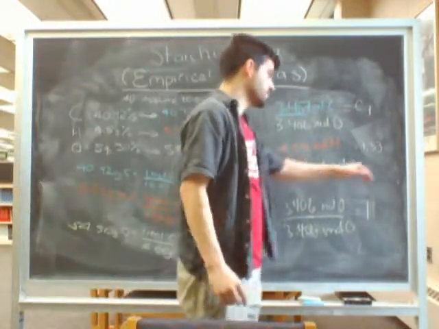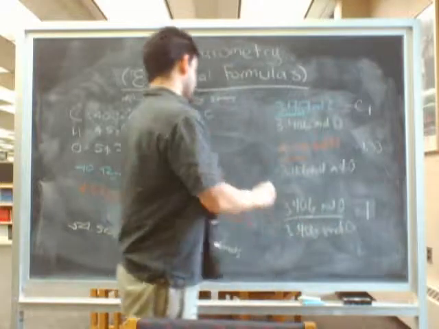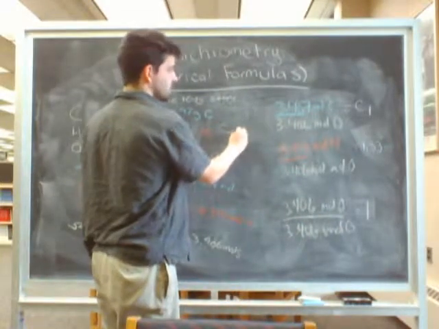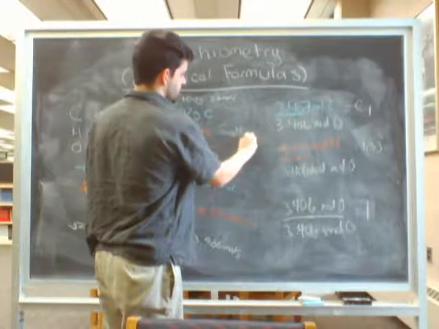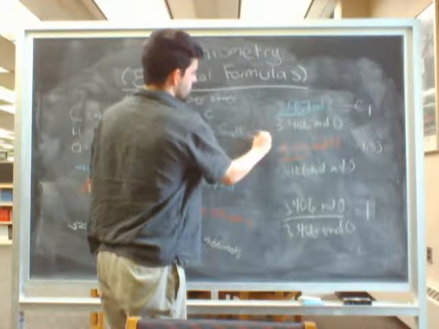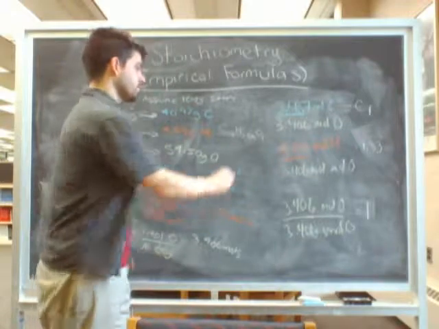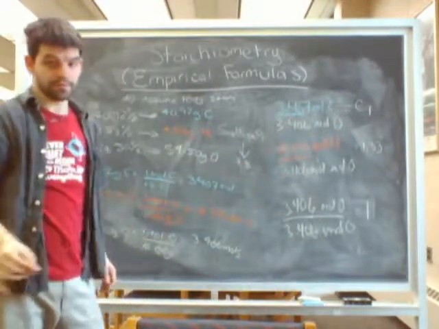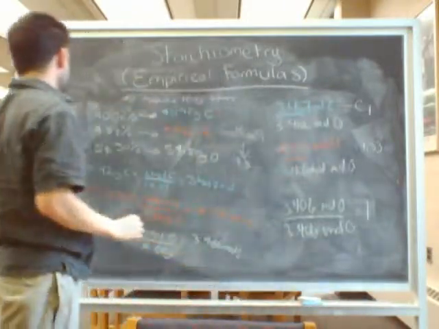So here's what I'll do. I'll take the empirical formula that I have right now, which is C1H1.33O1, and I will multiply everything by 3.